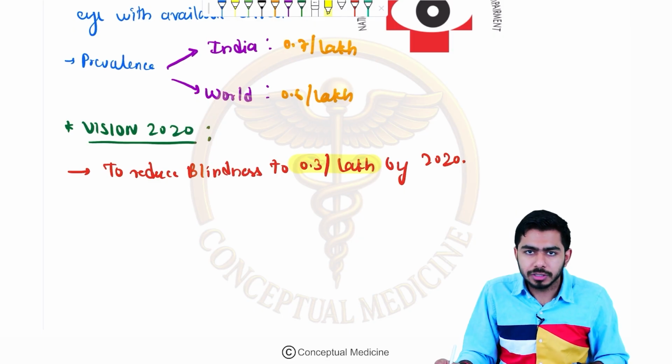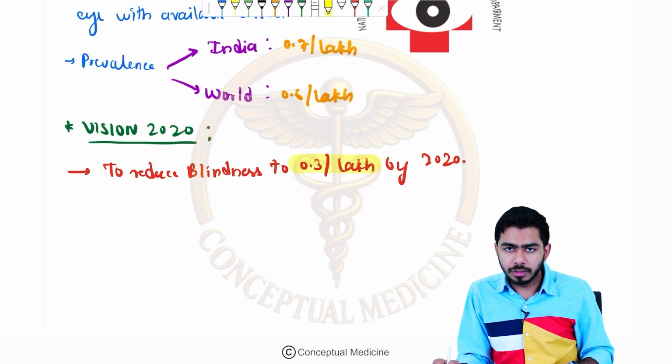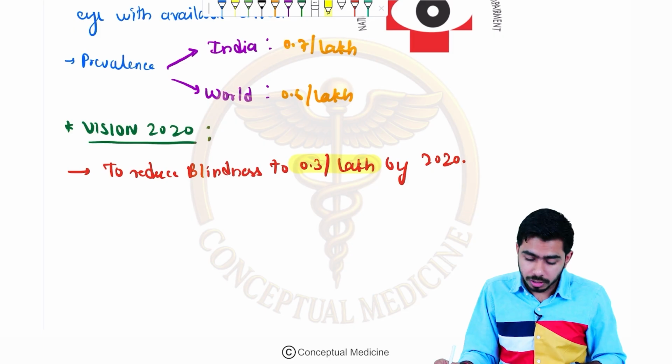And it is how much now? 0.6 per lakh for the world and 0.7 per lakh for India, right?